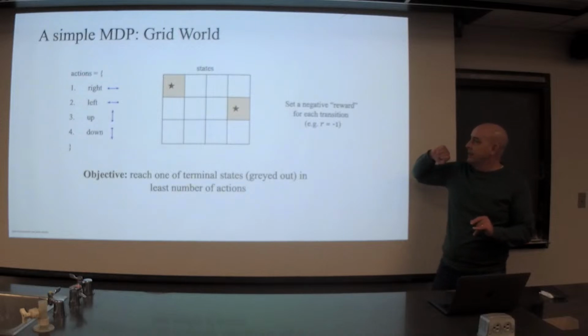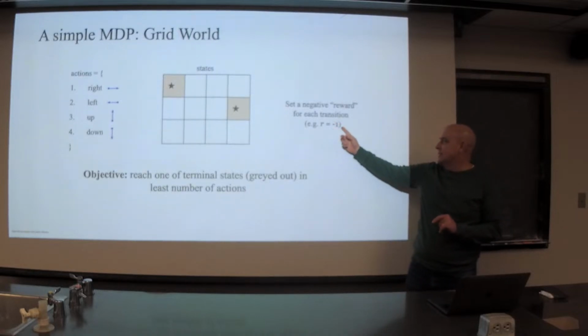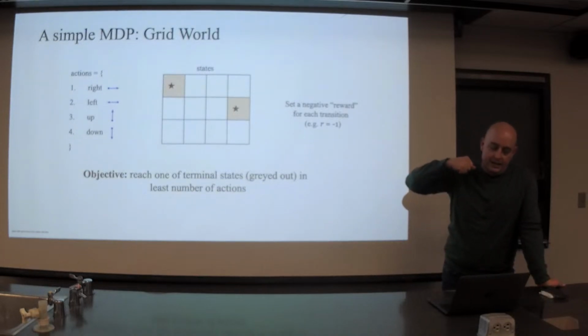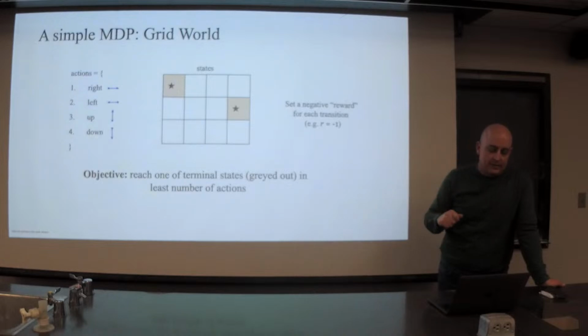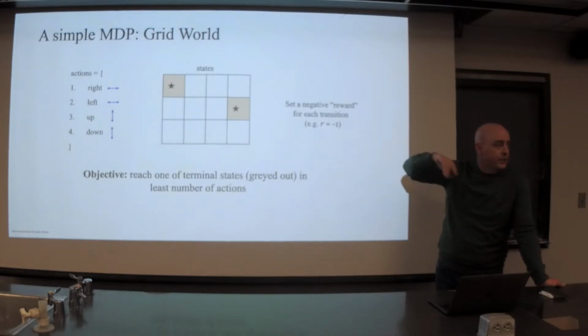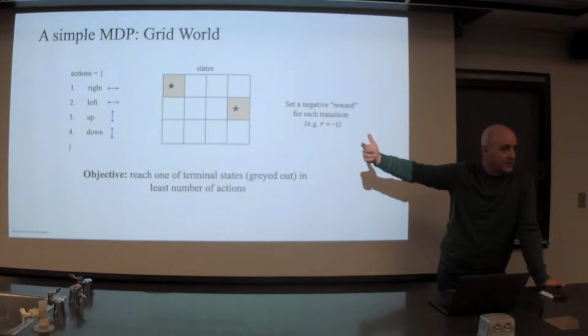Well, the way you reward it is something like this. You're given a reward of -1 for every transition you make, every action you have to take. So that just keeps getting smaller and smaller as you take more steps. To maximize something like this, you need to take as few steps as possible.